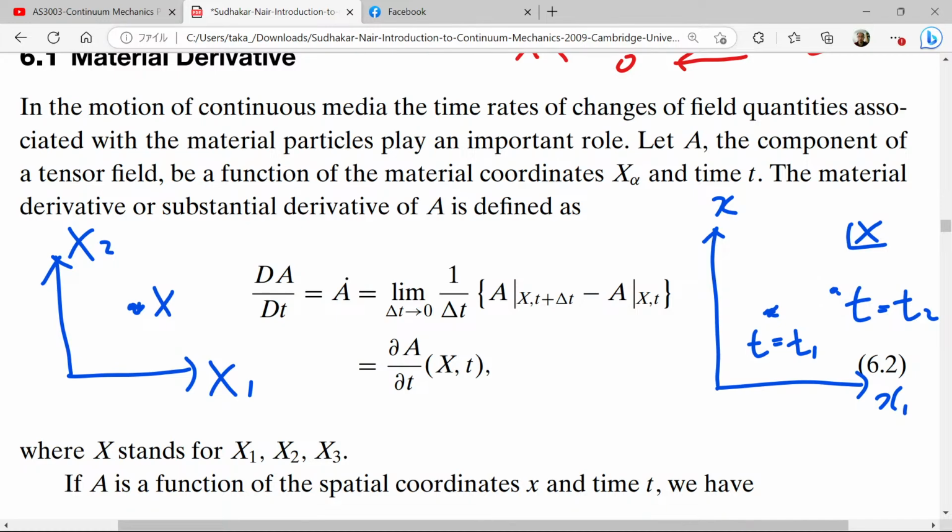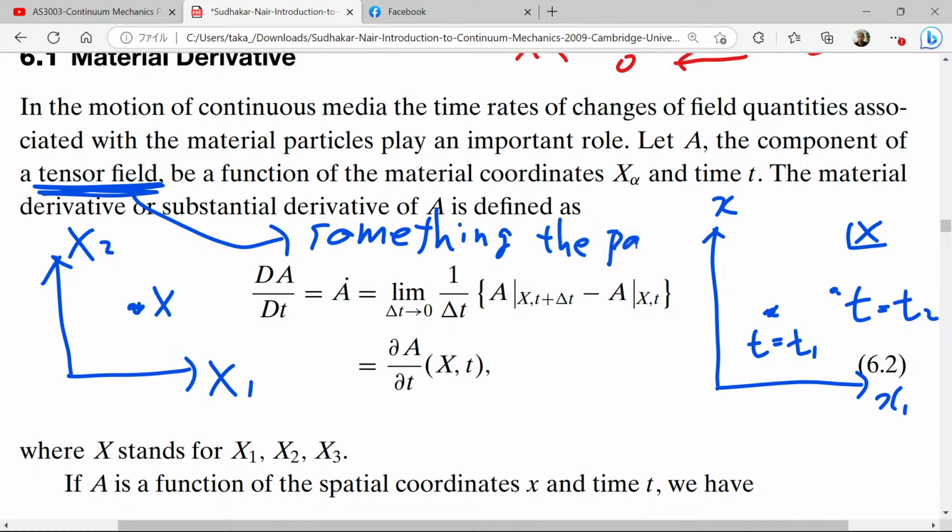Then there is some field, a tensor field. What is a tensor field? It is something the particle X can feel.